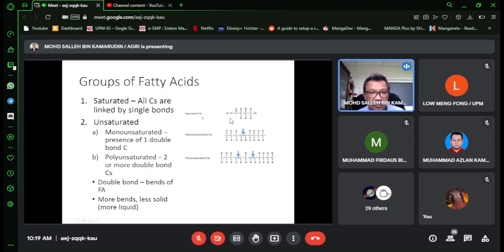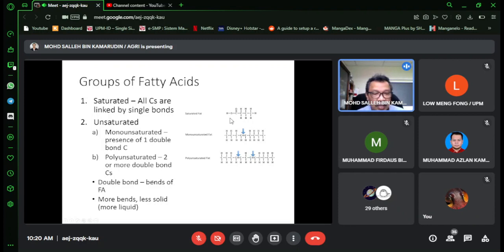Saturated fatty acid, and there are also the unsaturated ones, which have double bonds. For example, this one is monounsaturated. It has a single double bond. But polyunsaturated ones contain 2 or more double bonds. Sorry, I'm fasting, so sometimes even in the morning I feel a bit dazed. Alright, polyunsaturated has 2 or more double bonds, so it becomes a polyunsaturated acid.